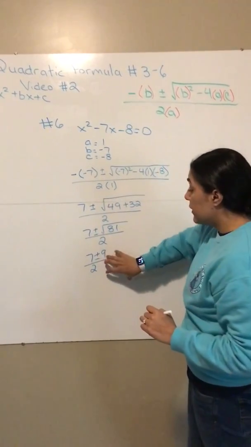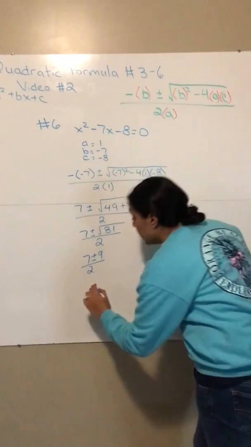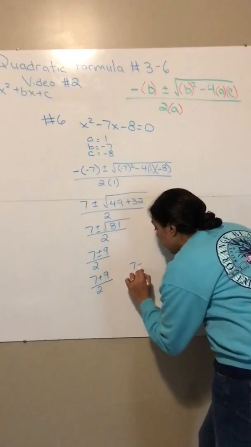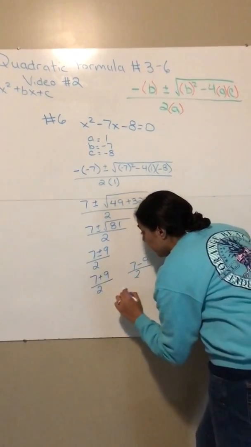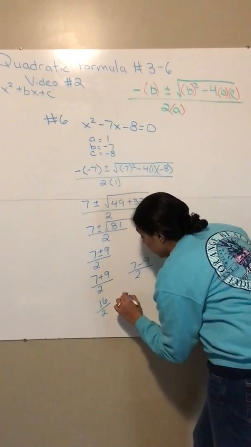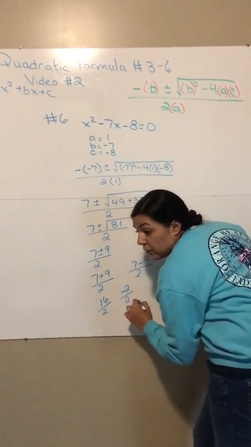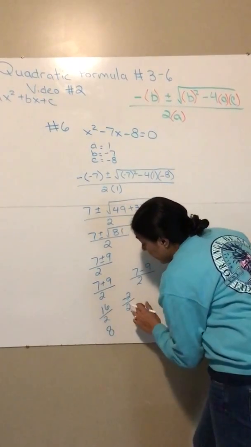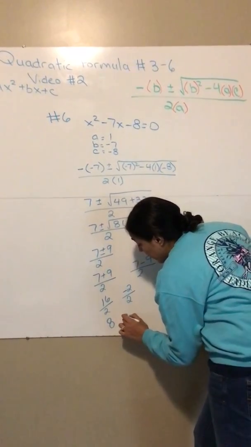And we got this down to single digits, so we can write it twice. So you got 7 plus 9 over 2, and 7 minus 9 over 2. Okay, so you got 16 over 2, and negative 2 over 2. So 16 divided by 2 is going to be 8, and negative 2 divided by 2 is going to be negative 1.